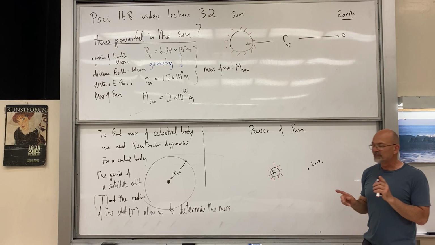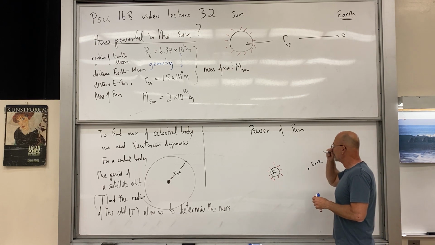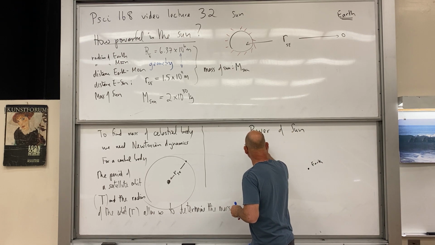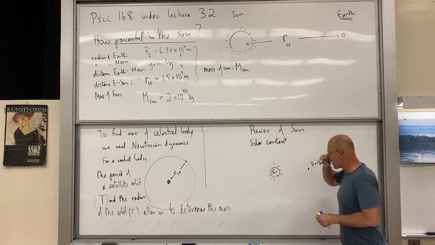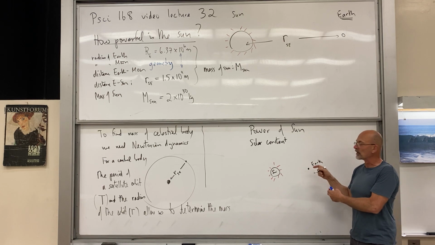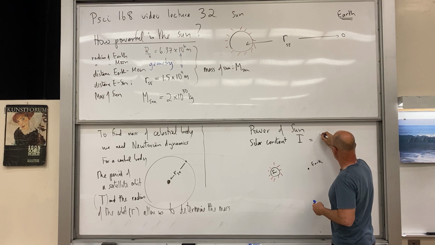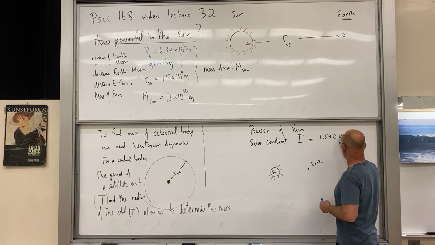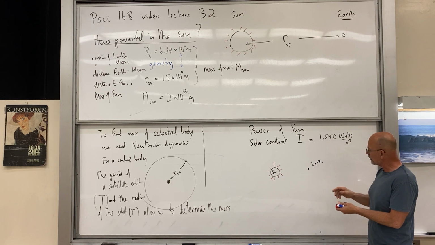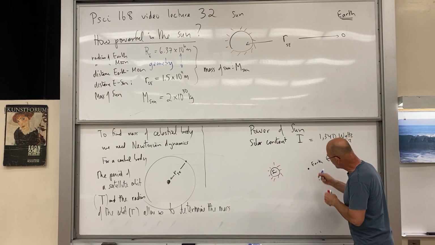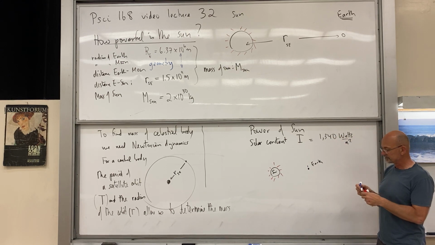Now, what we're going to make use of is the fact that we know the solar constant. So the solar constant, remember that was just the power of the sunlight here at our Earth. It was equal to 1,340 watts per square meter. So out here at Earth, we set up that 1 meter square solar panel, and we have 1,340 watts.